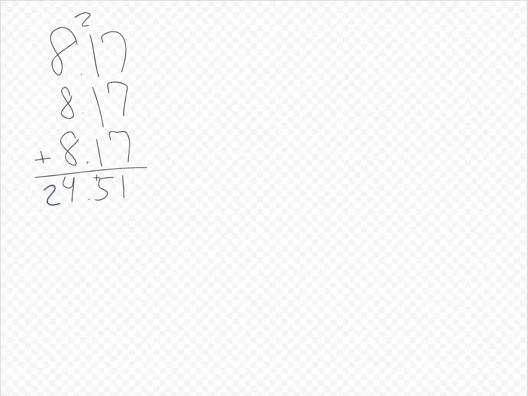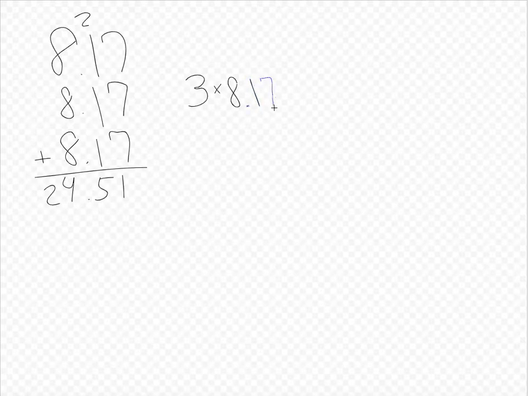So repeated addition is what multiplication is basically the shortcut for. So this would also be the same problem as 3 times 8 and 17 hundredths. I'm having trouble drawing that little decimal point there.